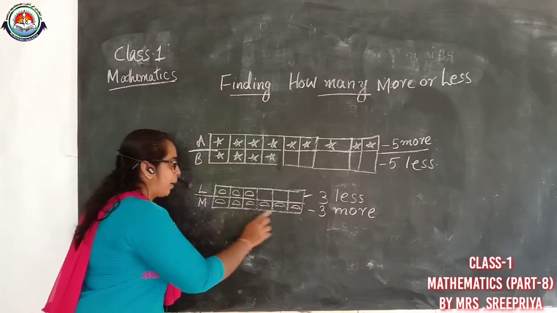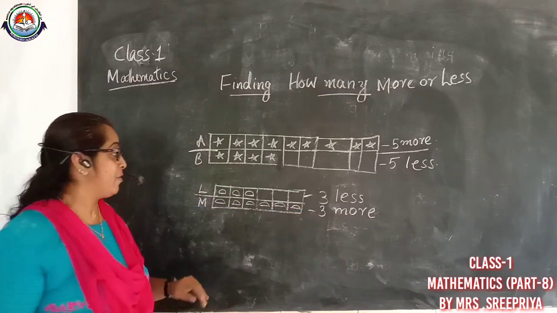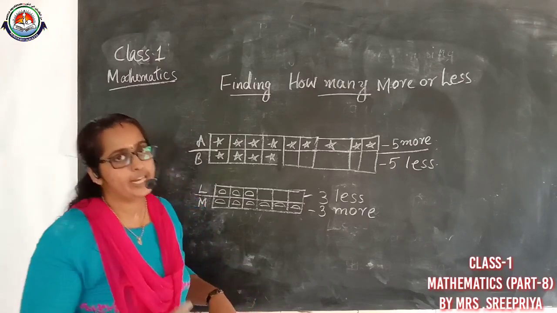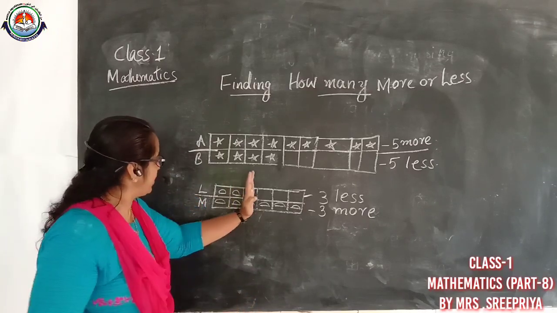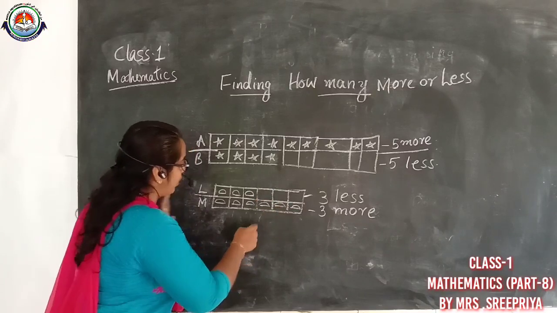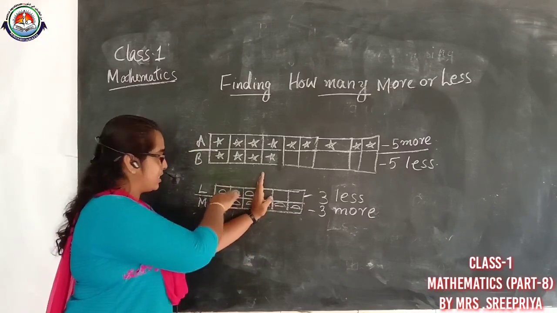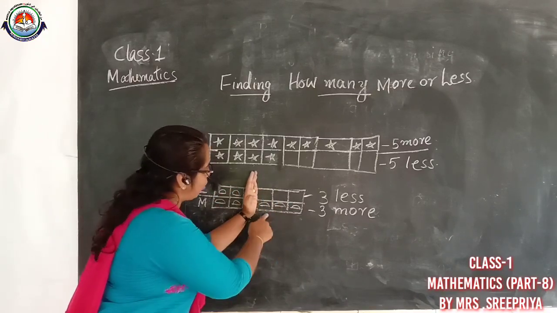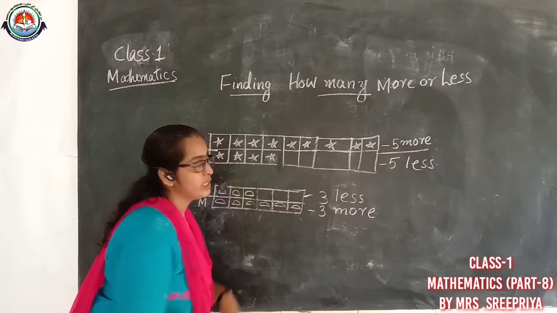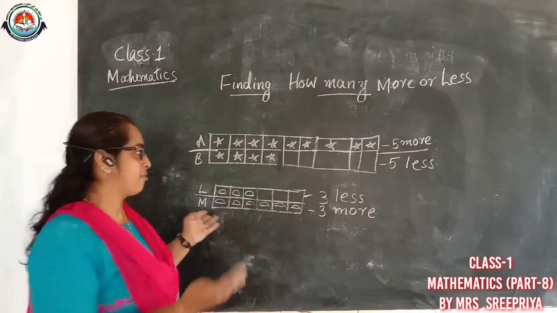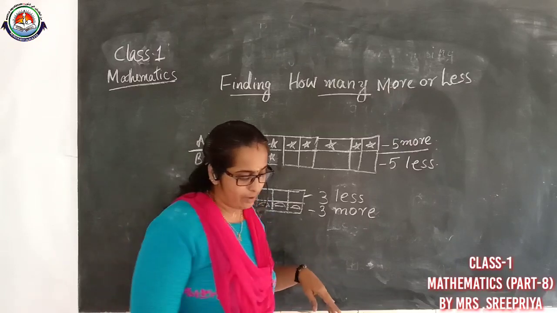So we understood group M has more. But we need to check how many more it is. First we can check till here. It is the same. After that, how many more came? 1, 2, 3. That means 3 more and 3 less. Okay, very good. I will show you one picture.